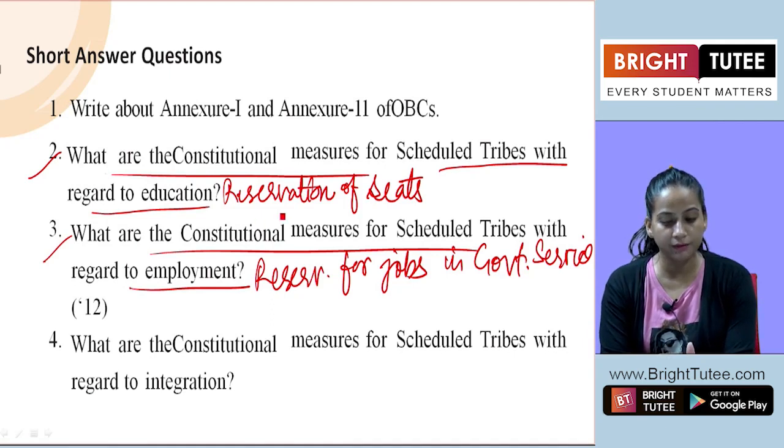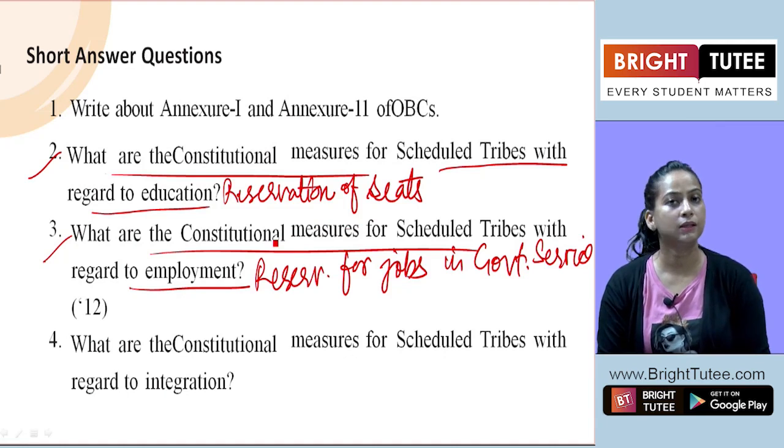Besides that, various schemes for encouraging self-employment under the Tribal Cooperative Marketing Development Federation of India and the National Scheduled Tribes Finance Development Corporation are also among the provisions for scheduled tribes.